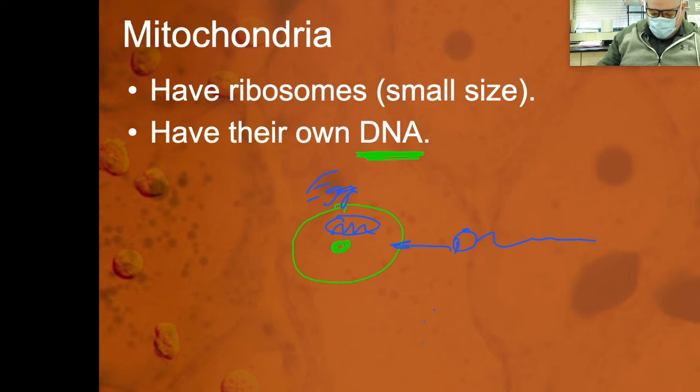So after we get a sperm and egg together, we get what's called a zygote, or a fertilized egg. And whose mitochondria is this? Okay, so we have the sperm, we've got the egg. Whose mitochondria is this? That belongs to mom. So all of your mitochondrial DNA is from mom.